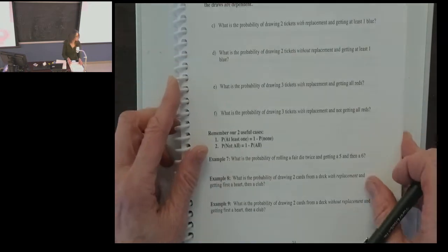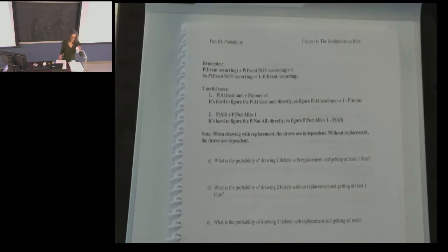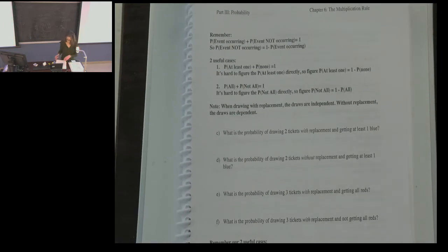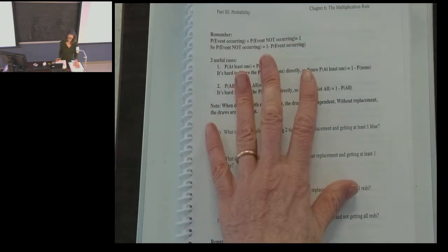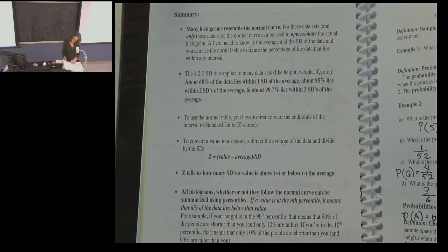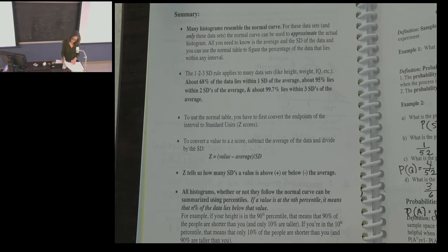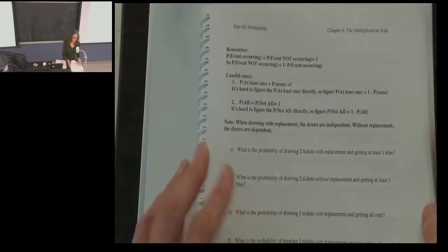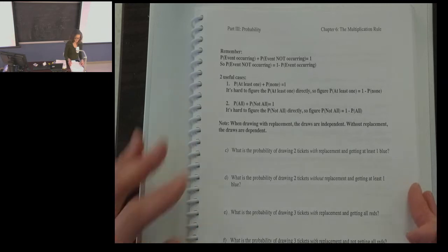Now, back to this idea. The probability of an event occurring and not occurring equals 1. Okay, so here are these 2 useful cases that I said would occur, but I don't think I said page 30. Did I say when it would be useful? So this is an example of when it would be very useful, to figure out the probability of something not happening.